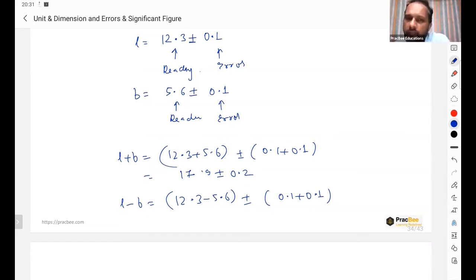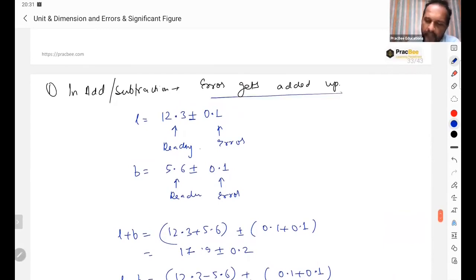The error will remain the same. So this is 12 minus 5 is 7, and this is 0.6. So this is 6.7 plus minus 0.2. Understood, Fardin? Simple thing. Error gets added up.